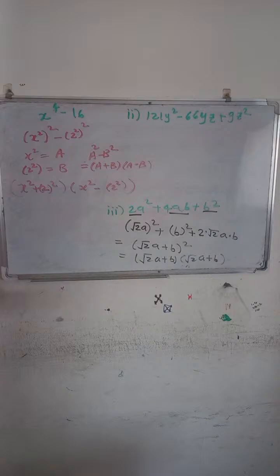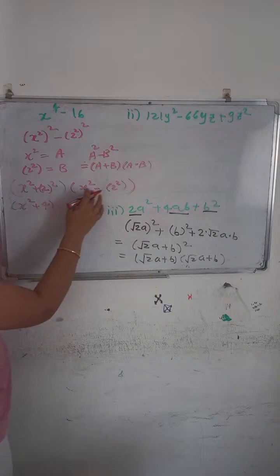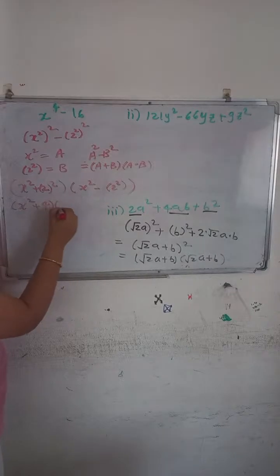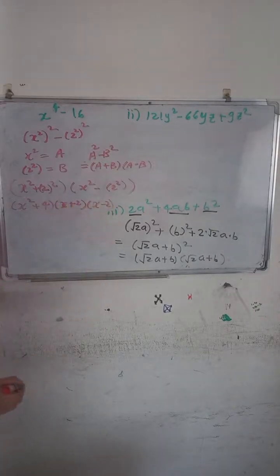Getting this? So here x square plus 4 will come, there will be no change. But again this is x square minus 2 square, so again we can use the same identity. Then we can write x plus 2, x minus 2. This is the answer for the first part. Are you getting this? So I applied the logic and used the identity two times in the same problem.